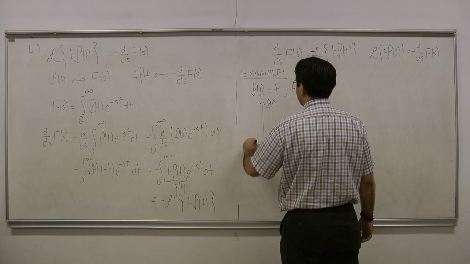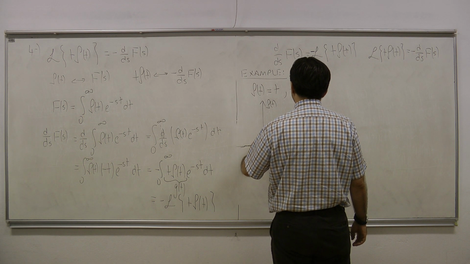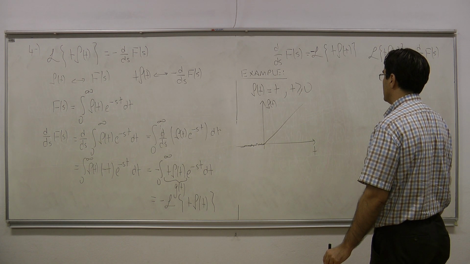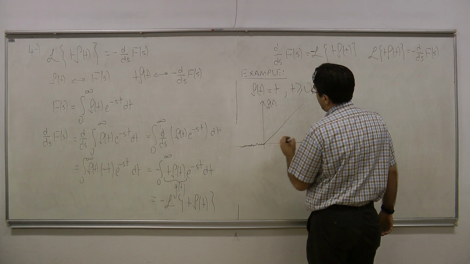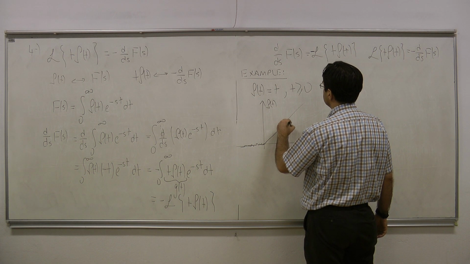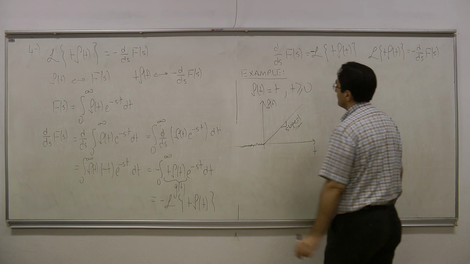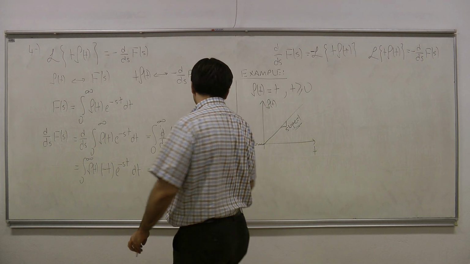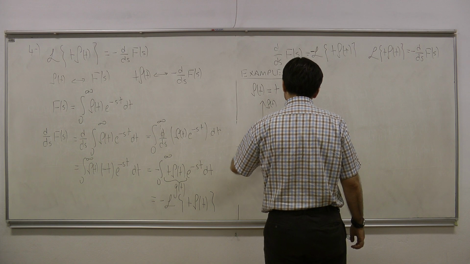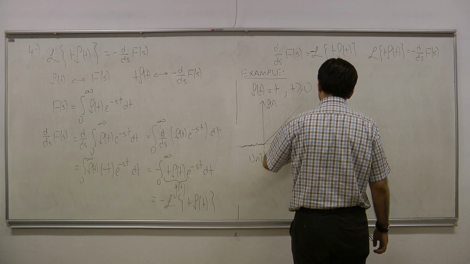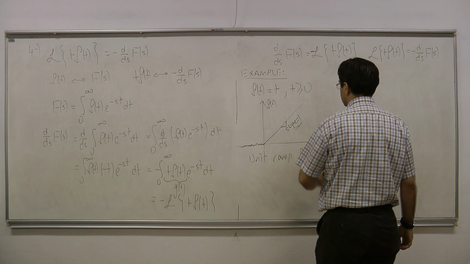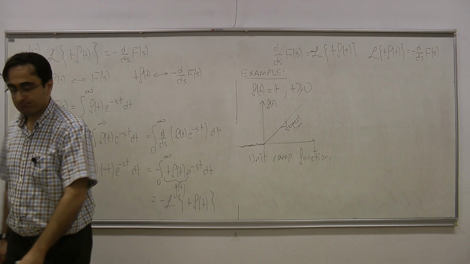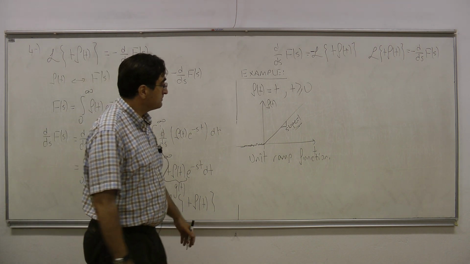It is 0 before time t is equal to 0, and it is t for times larger than 0. So here the slope is 1. This is called a ramp function in control theory. Ramp in Turkish is rampa, which is what this looks like. All right?